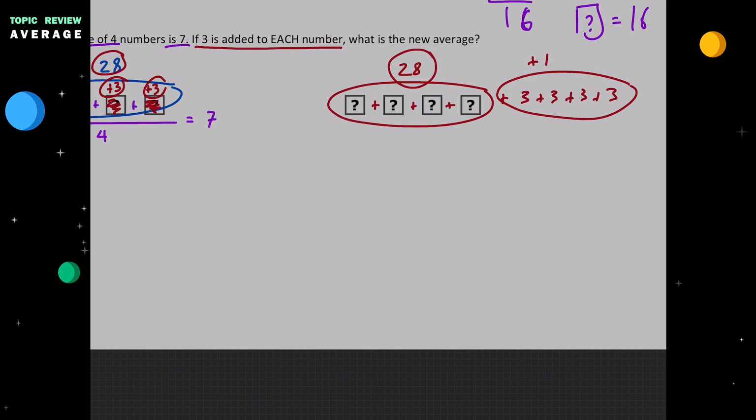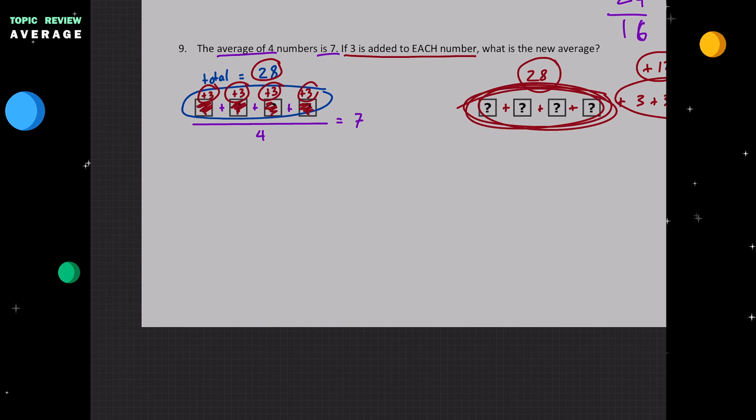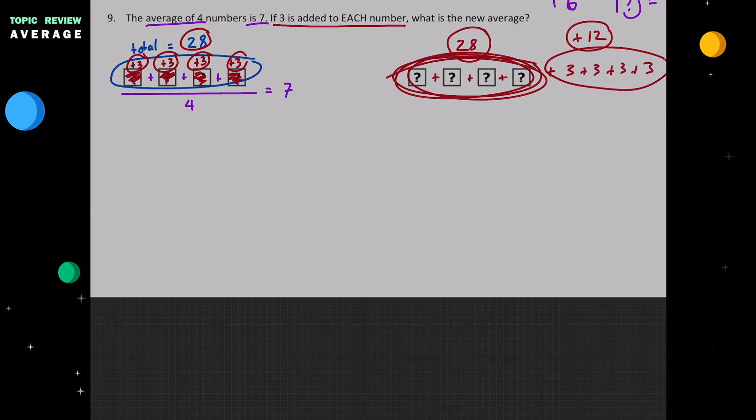That's plus 12, isn't it? So 28 plus 12 gives you 40. So the total of all 4 numbers is now 40. We don't know what they are, but we do know they total 40. 40 divided by 4 gives me 10. So the new average is 10.